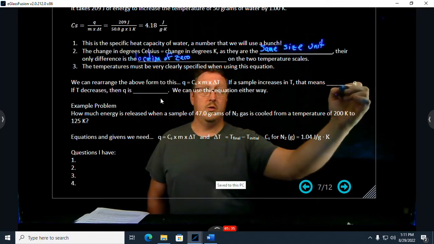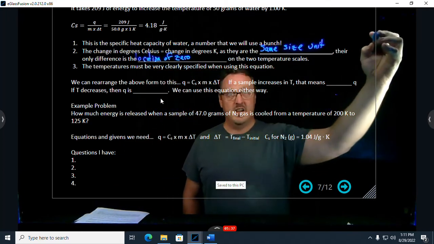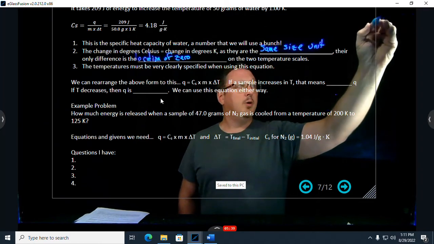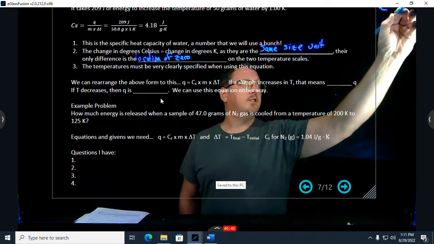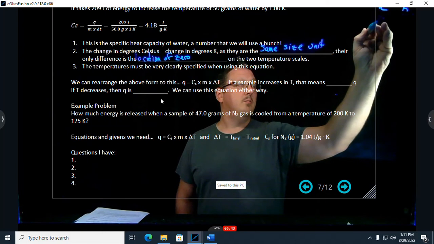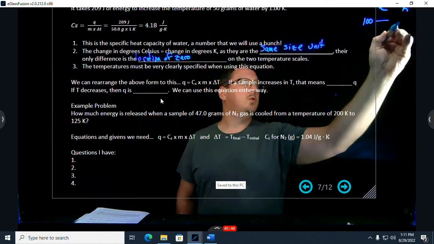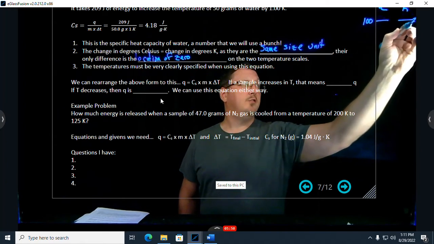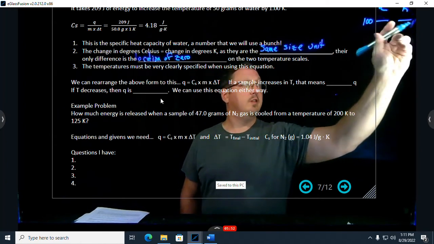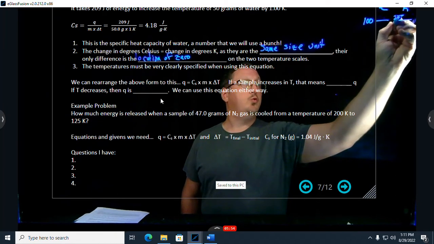Okay, and so I'm going to do my best at drawing a really yucky diagram because that's what I'm good at. But let's say this is degrees Celsius, this is degrees Kelvin, okay? I'm going to say this is 100 degrees Celsius. On Kelvin, it's going to be 273. I don't think you can read that, so I'll write it right here. That's 273.